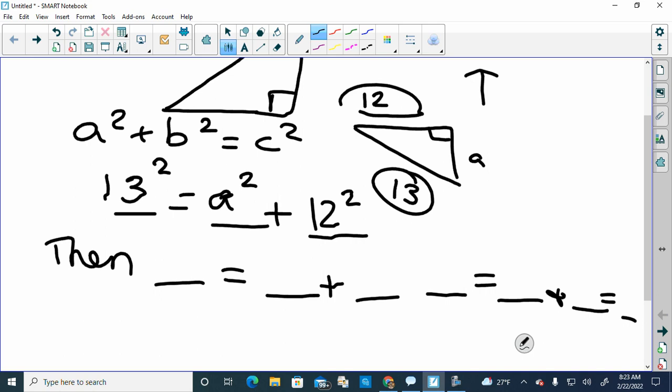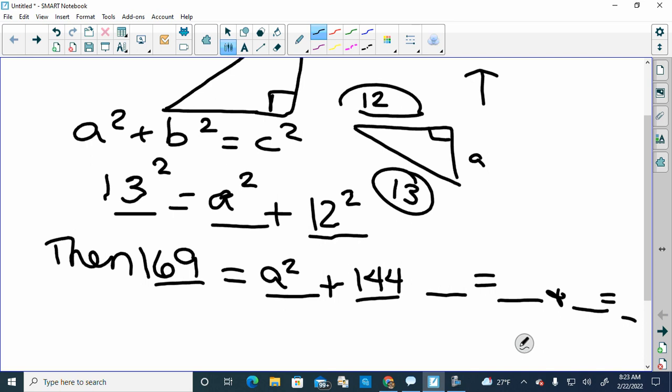Calculators. That first line is 169. We do not know this one yet, because that's what we're solving for, so we just bring this one down. That's the next line you're filling in. What is 12 squared? 144. So we've got the first fill-in-the-blanks filled up.